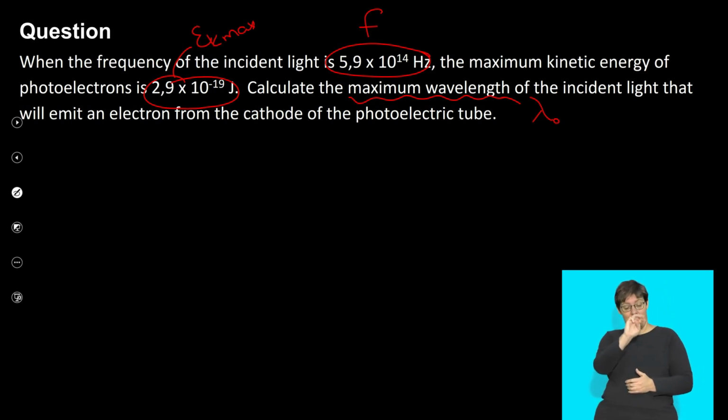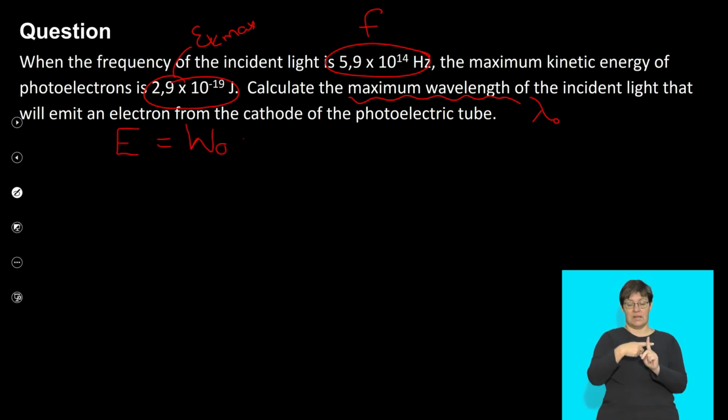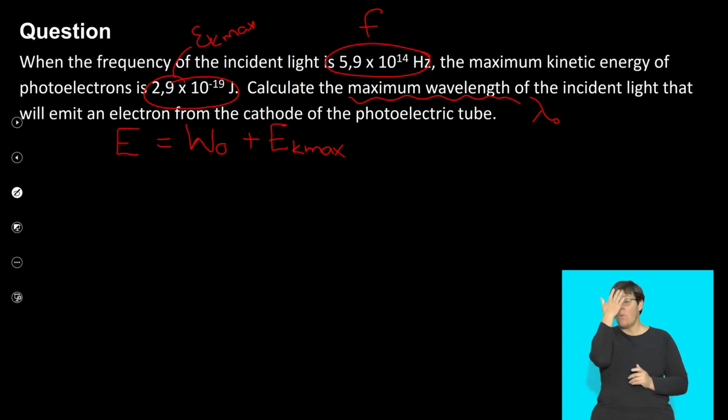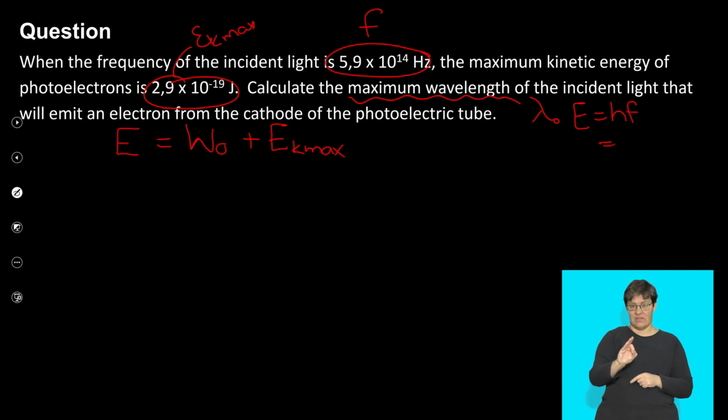Because I've got EK max there, I know I'm going to have to use E equals work function plus EK max. We know that E equals hf, and we know that that's also hc over lambda. So when I look at this, I know the frequency of this incident light, so this is going to be hf.